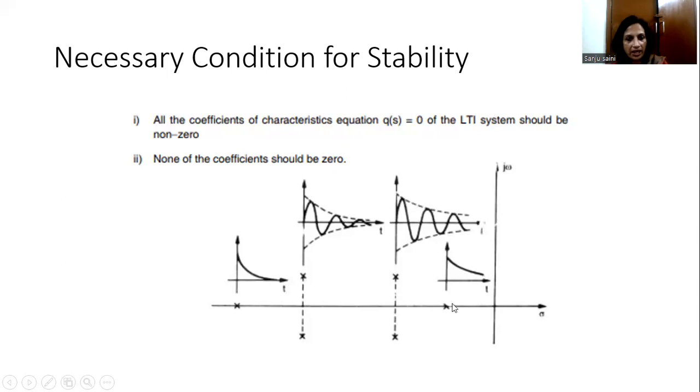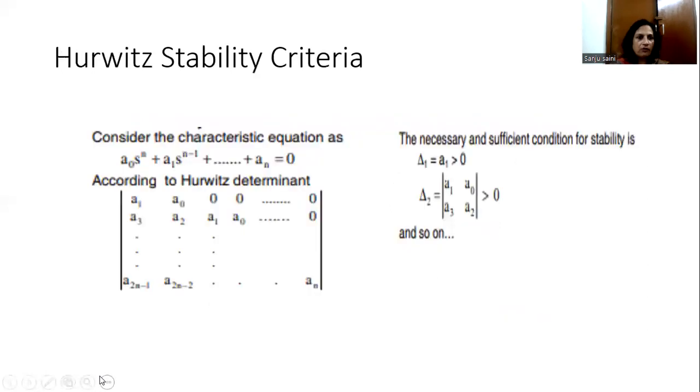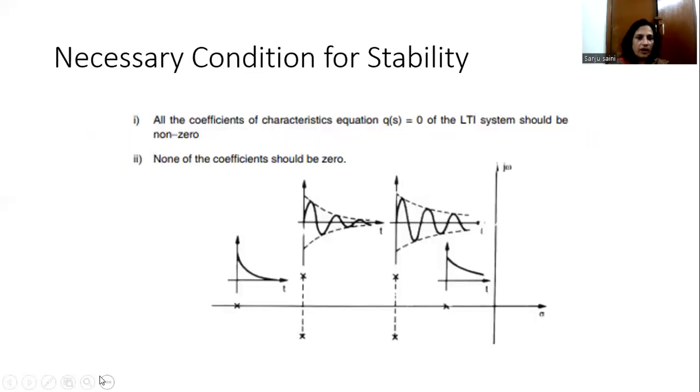And again, if we are having a root over here, it is decaying with respect to time. So in case all roots of the characteristic equation are lying in the left half of the S-plane, then the system is stable. And for that, it is essential that all the coefficients of the characteristic equation have the same sign, either positive or negative.